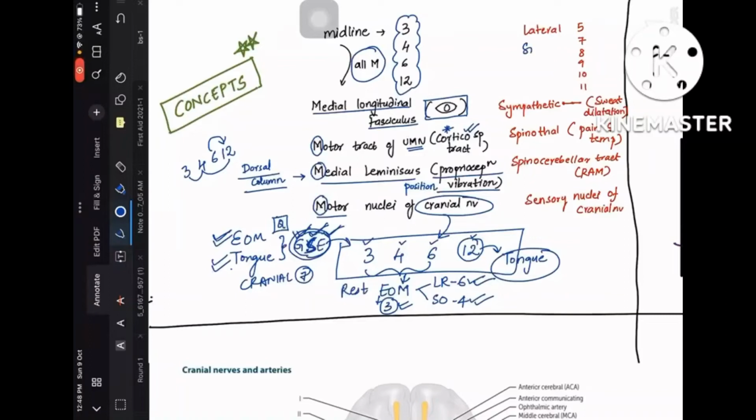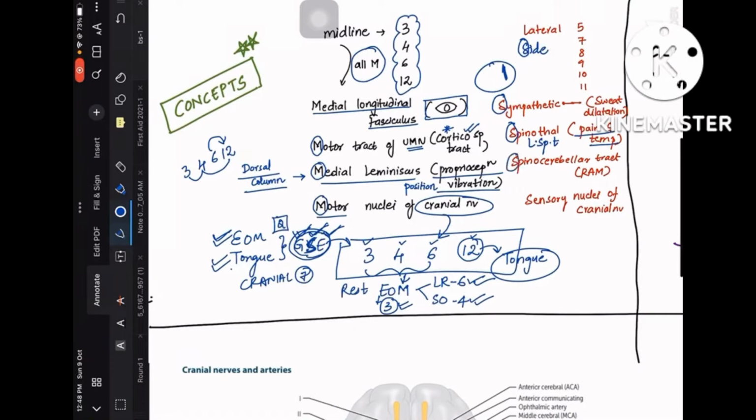Now coming to lateral, that is sideways. It is about all S's, right? The first S is the sympathetic chain. The sympathetic chain lies on the lateral side, in the lateral parts of the cross section. Another S is the spinothalamic tract. The lateral spinothalamic tract is for pain and temperature.